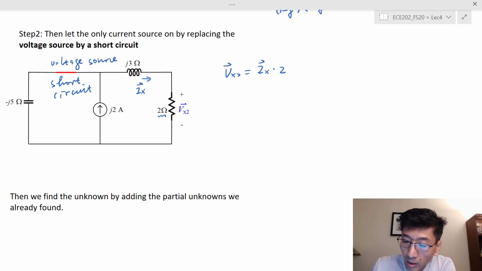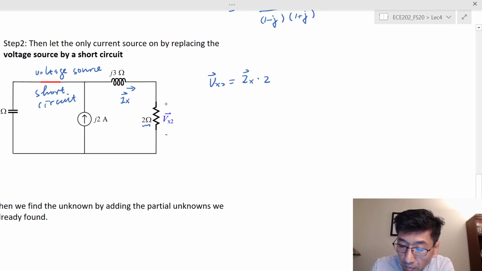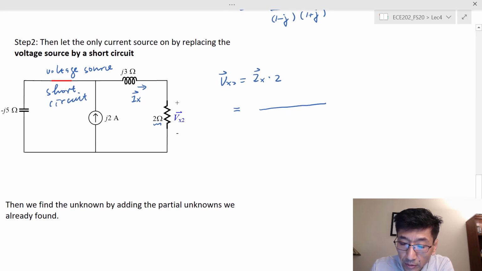Okay. So in this case, for Ix, I can use the current division. Ix would be equal to, if you use the current division, you should use the other impedance, right?